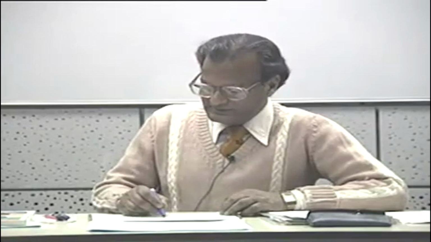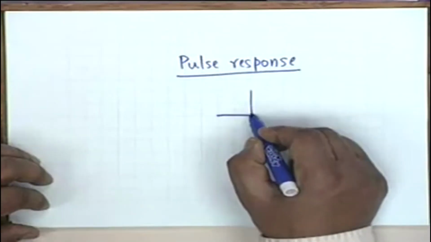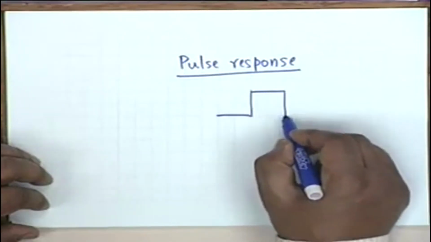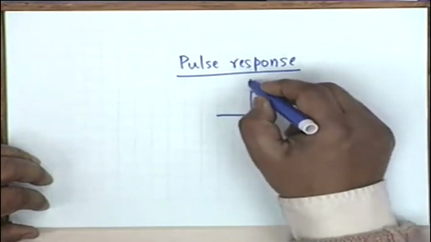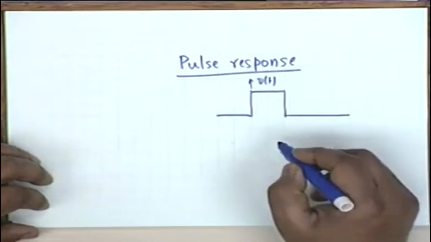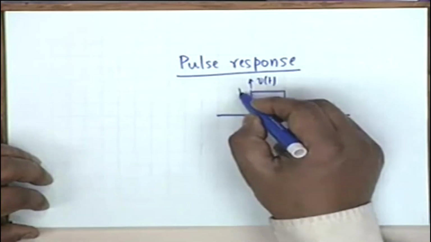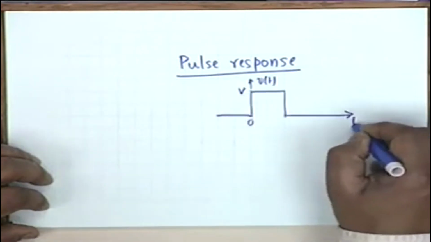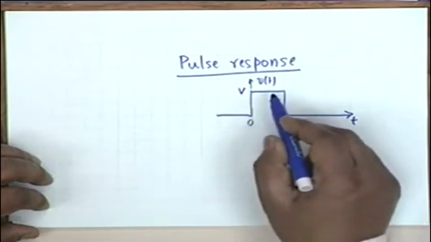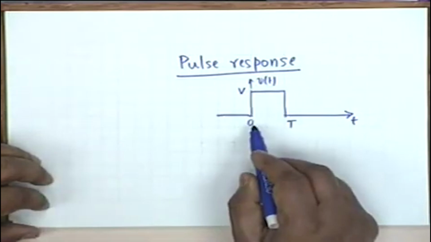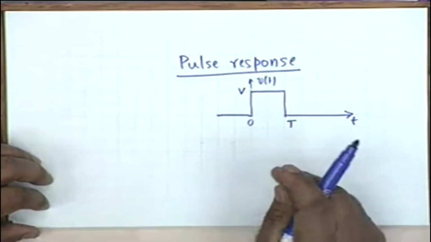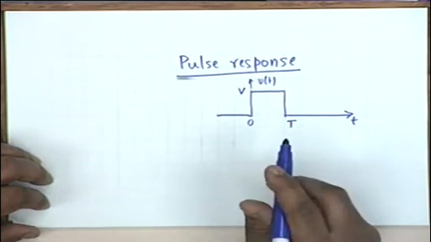A pulse is one which is non-zero for a certain duration, and then becomes 0 again. For example, if this is a voltage pulse, then this voltage is, let us say, capital V between 0 and capital T, that is, its duration is capital T.